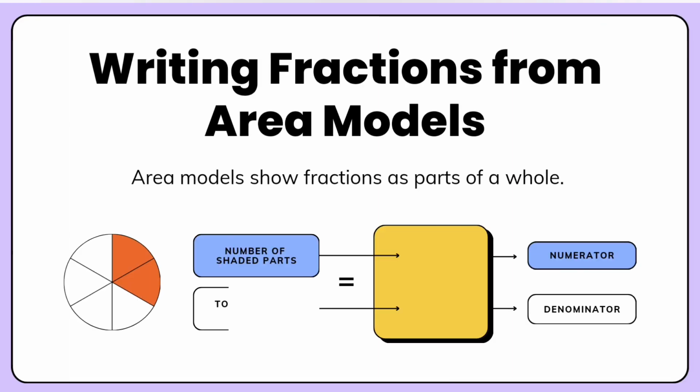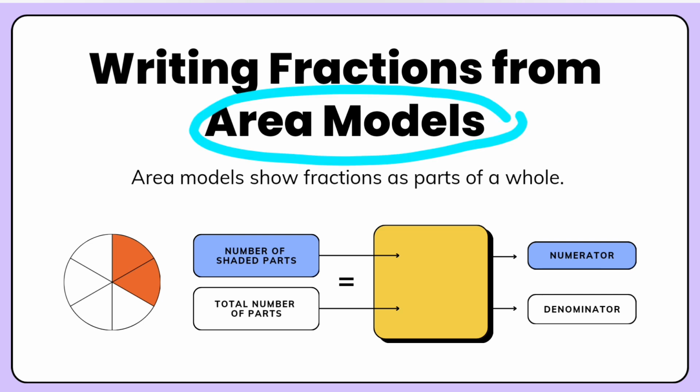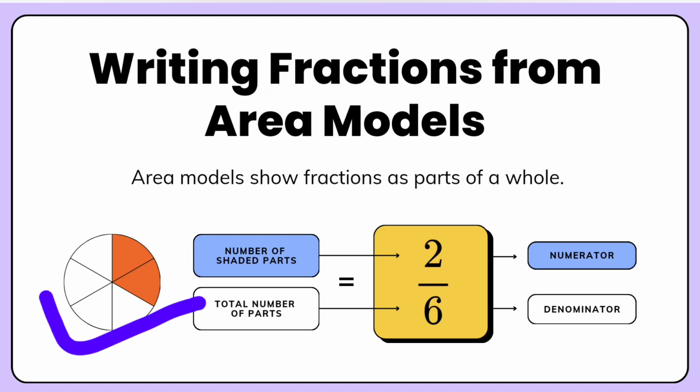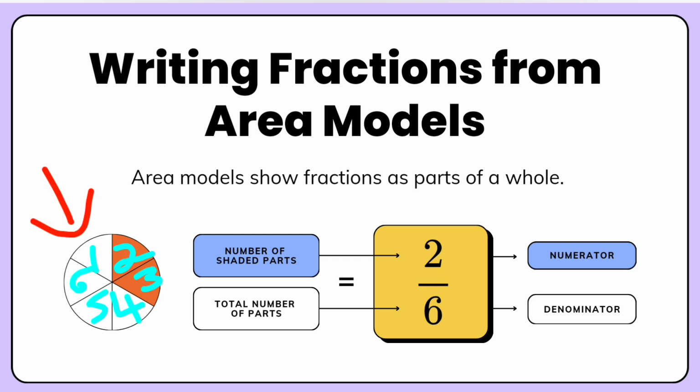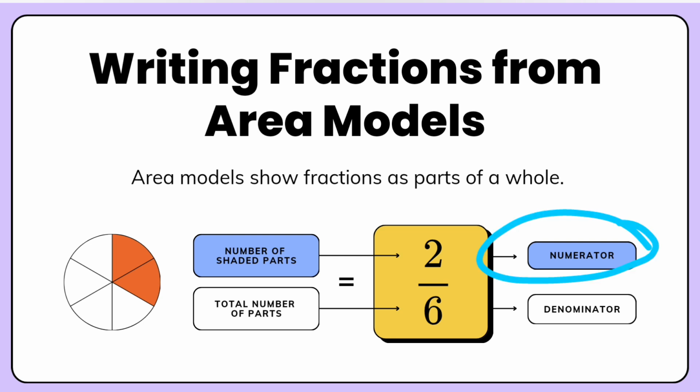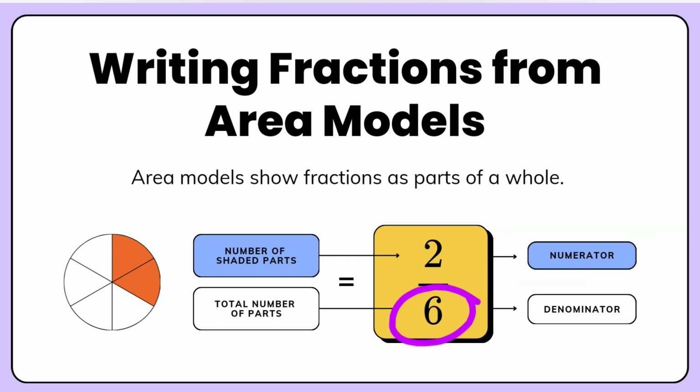Now let's learn to write fractions from area models. As you can see here, there is a circle. Area models show fractions as parts of a whole. So here in this circle, the circle is divided into six equal parts where two parts are shaded. To write the fraction of the shaded part, we have to consider the numerator, then the fraction bar and the denominator.